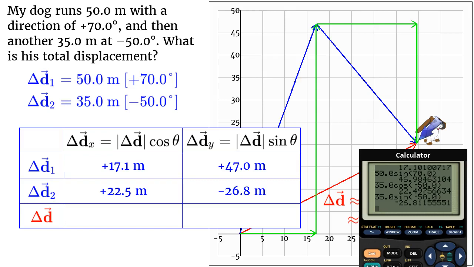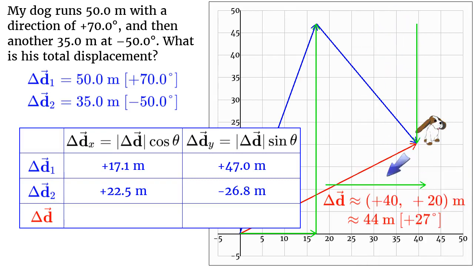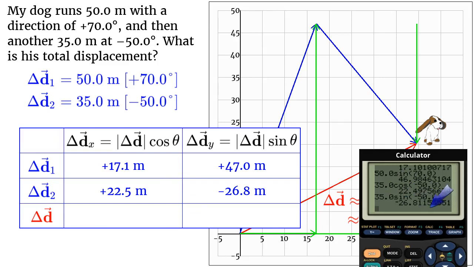Now, if I put the x components back where they were originally along the x-axis, I can see that if I add them together, the 17.1, which is the first x component, and 22.5, which is the second x component, that's going to give me the total x component, and that works out to be 39.6.